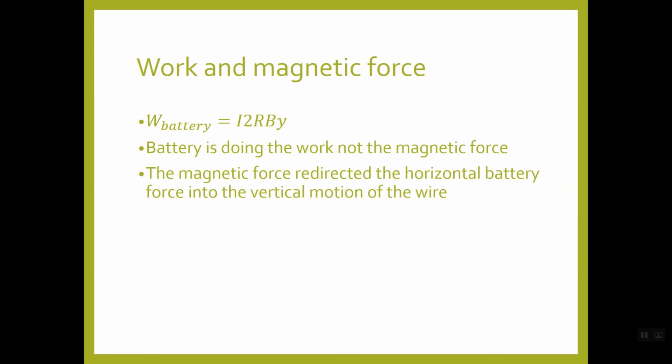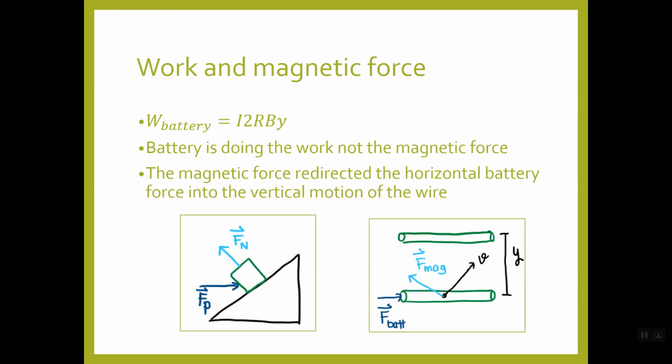What the magnetic force is doing is redirecting the horizontal battery force into the vertical motion of the wire. Our battery's force is going this way, and the magnetic force redirects that so that we get some vertical motion.